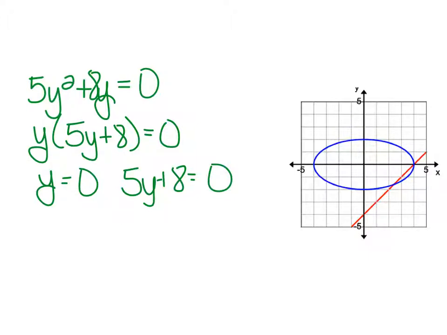So we've got that y equals 0, and if we subtract 8 and divide by 5, then we've got y is negative 8/5. So we've got two options here for y. What we'll need to do is go back and solve for x.